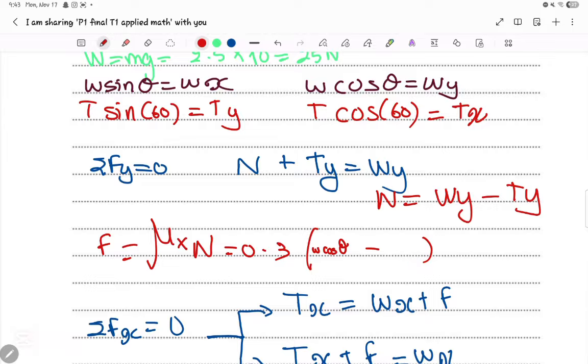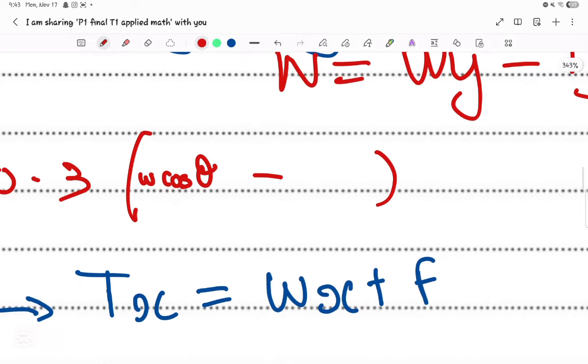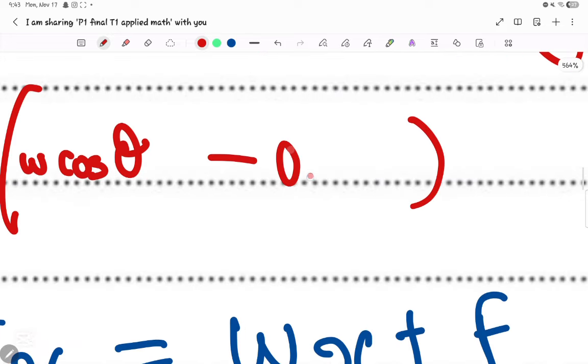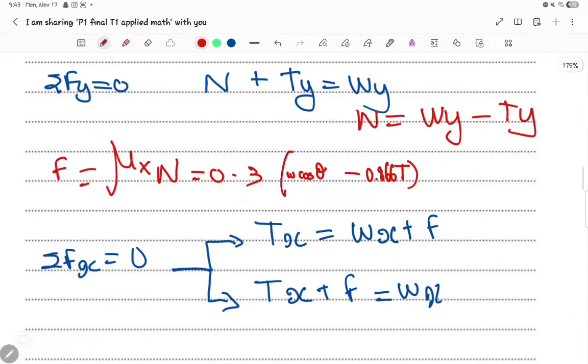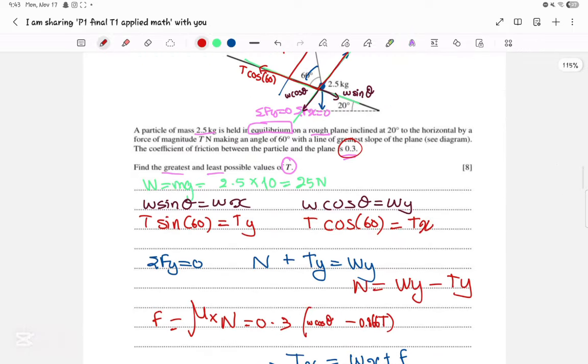How much is sine 60? That is radical 3 over 2, so it's basically 0.866 tension, right? Because this is tension y. And what is W? W is 25, right?